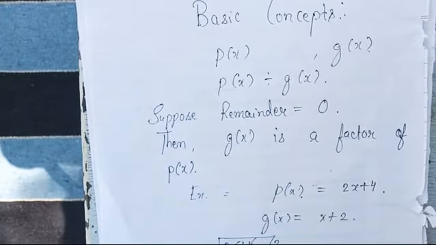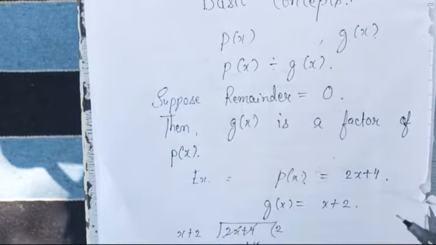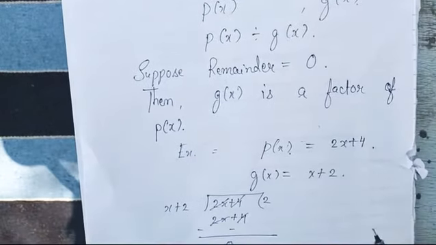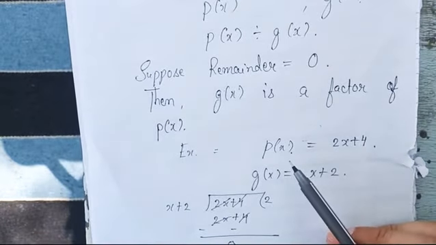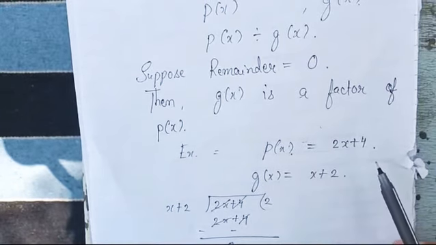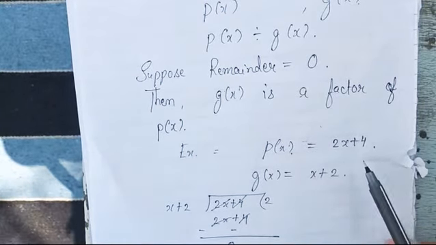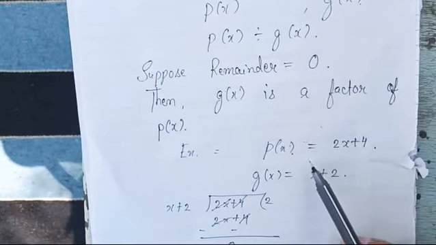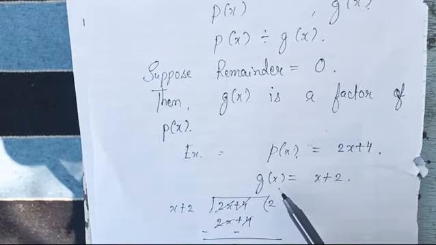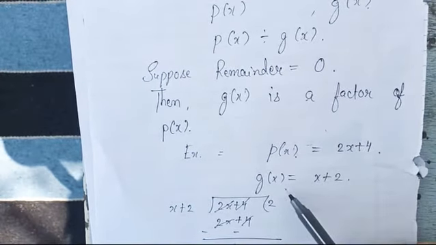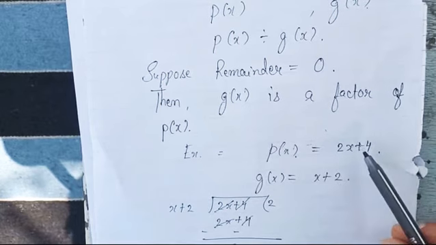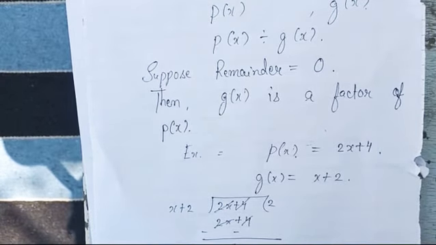Suppose a polynomial is given. For example, suppose p(x) is 2x plus 4, and we are dividing this p(x) by the polynomial g(x), given as x plus 2. I am just taking an example to clear the concept.